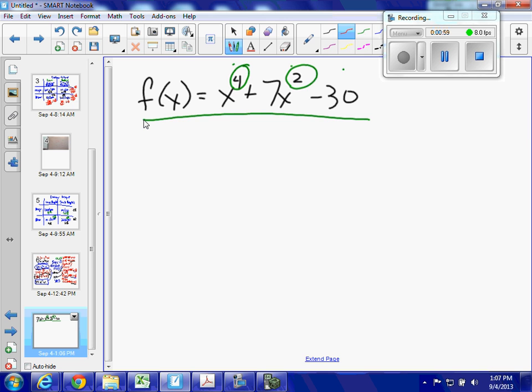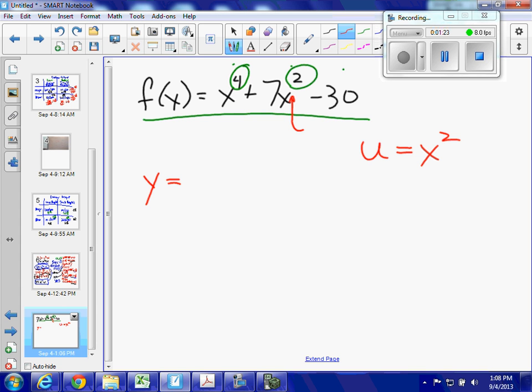What I'm going to do is set a new variable, and I'm going to call it u. In this case, I'm going to set u equal to the power of the middle term, x squared. u is equal to x squared. So I'll change my f of x to y, just because I feel like it.